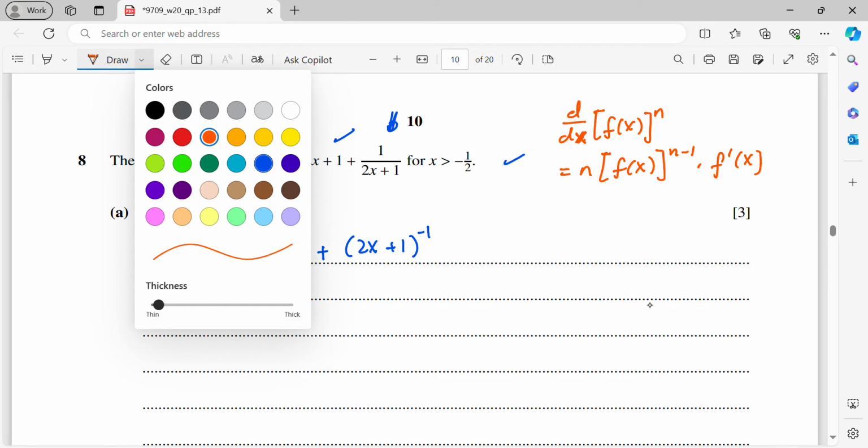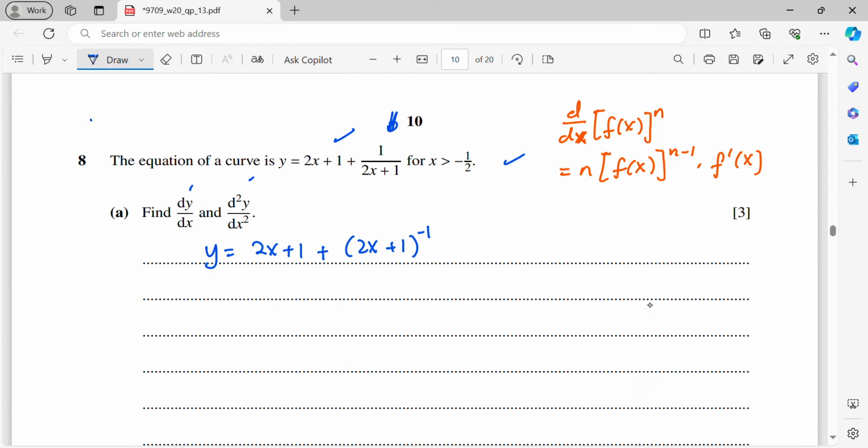Then now from here, I will get dy over dx. Differentiate 2x is 2. Differentiate 1 is 0 because it's a constant. Now, the minus 1, you bring it down. So, minus 1 times plus is a minus. Then I will write 2x plus 1. Degree minus 1, you have to change to n minus 1. That means you have the minus 1 from the original power, which is minus 2 now.